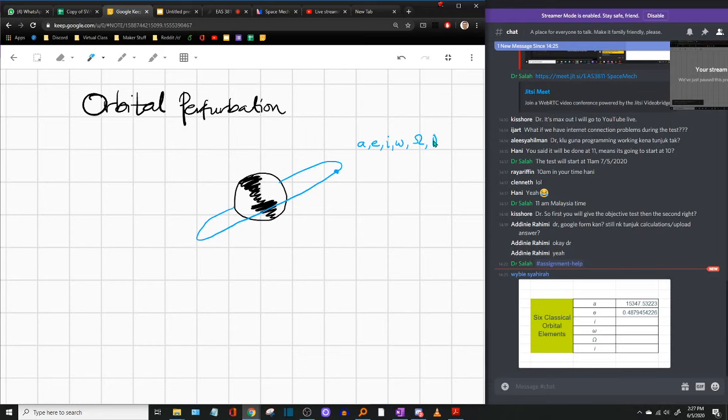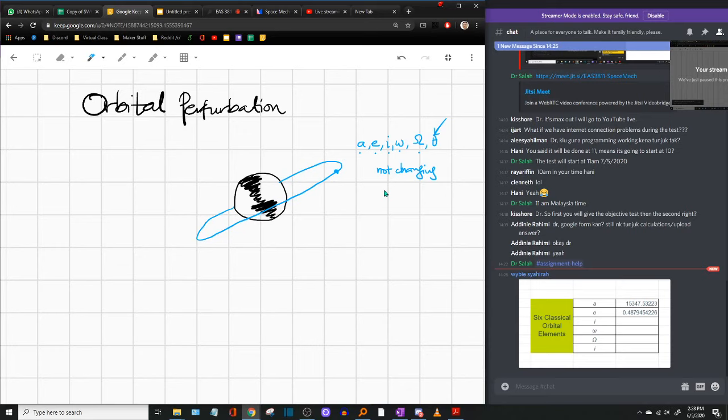It has its true anomaly, and this is always changing, no worries. And we assume that A, E, I, small omega, big omega are not changing. This is what we always assume. Remember? Because we know that angular momentum is conserved, and we assume that there is no external force acting on our orbit.